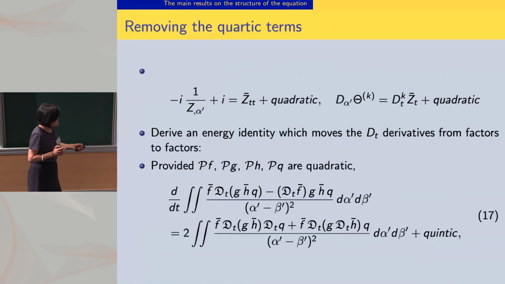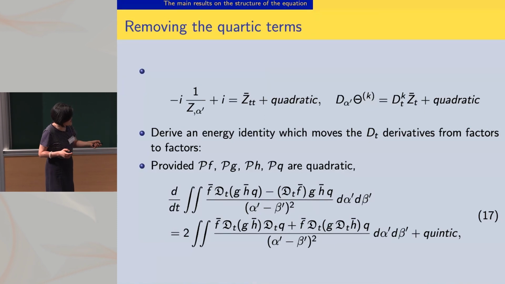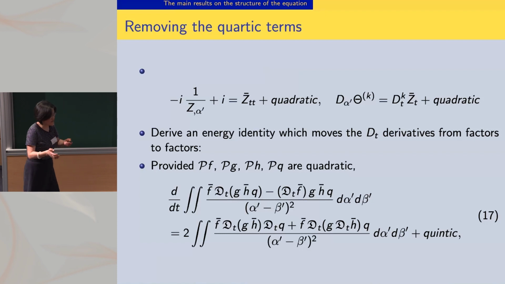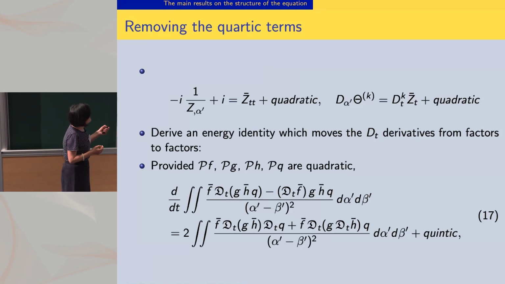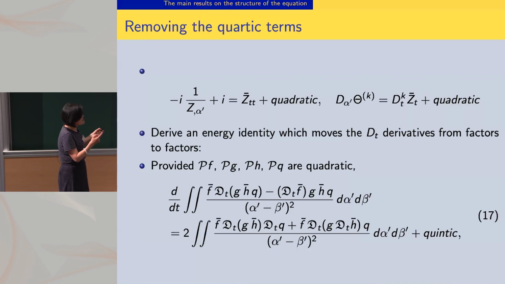In order to perform this, finding the antiderivative, you want to move the derivative around to even it out. You need to have one derivative, one derivative, one derivative, one derivative, the same number of derivatives on each factor. So we need one more thing which allows us to move this material derivative from factor to factor.